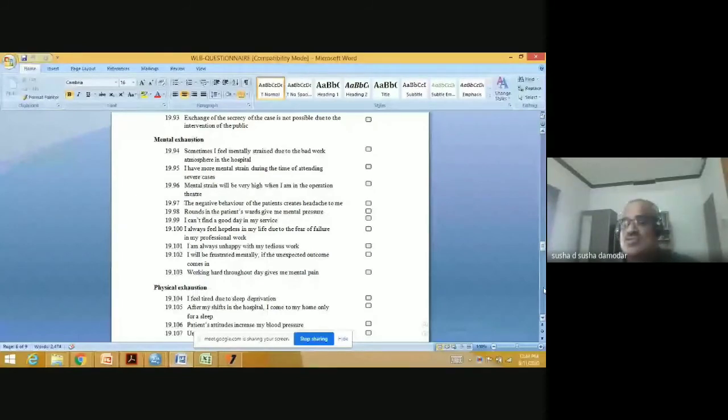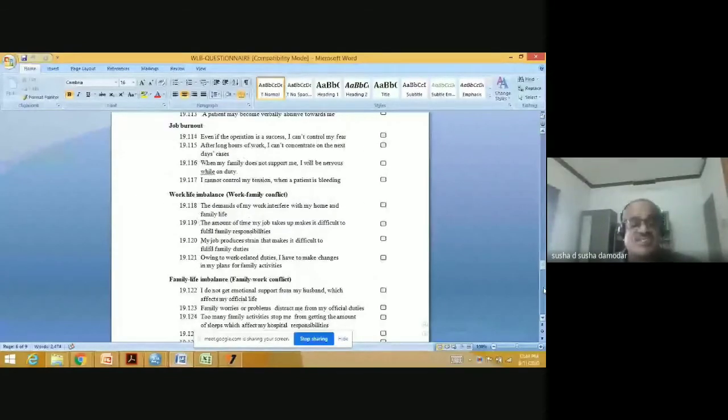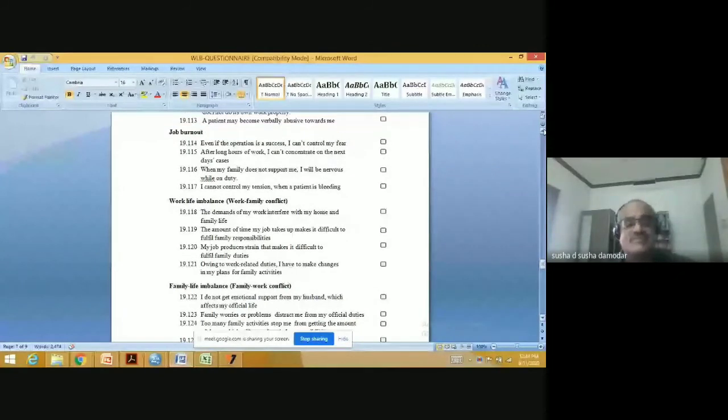I want to establish a relationship between work-life imbalance and job burnout, and how job burnout affects work-life imbalance, or how work-life imbalance is affected by job burnout.